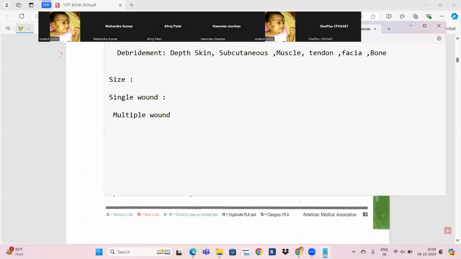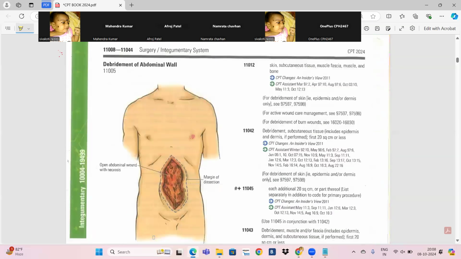Then you will get a code, right? They did skin level, subcutaneous, muscle, tendon, bone, or fascia level. How many square centimeters they performed, based on that you will get a code. Correct?